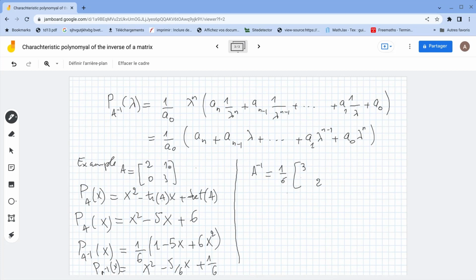Of 0 and 1, I put minus 0, minus 1. So I do the product. 1 by 6 times 3 is 1 by 2. 1 by 6 times minus 1 is minus 1 by 6. Here 0, and here is 1/3.